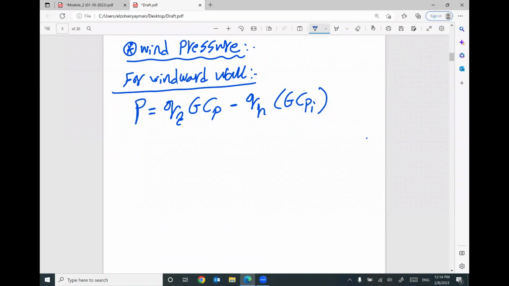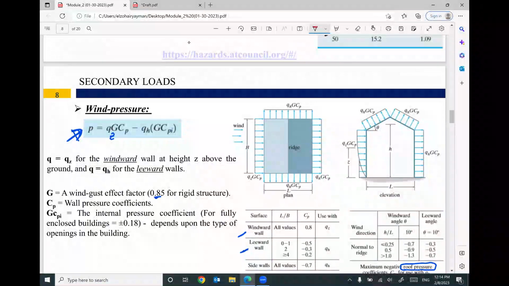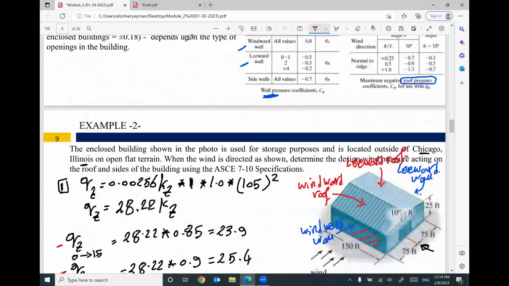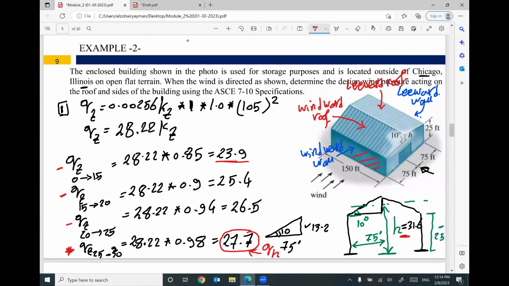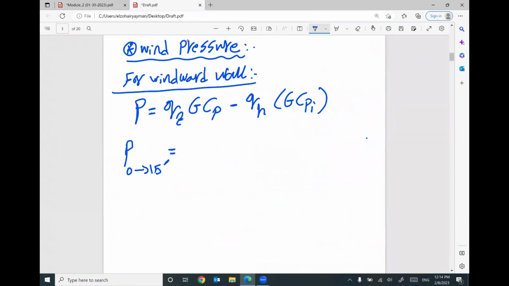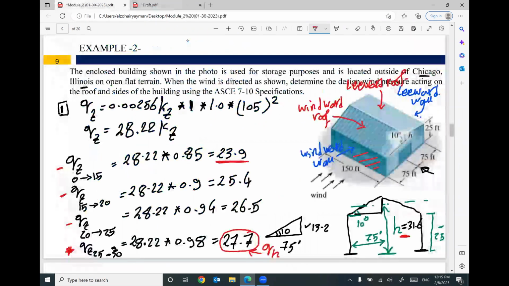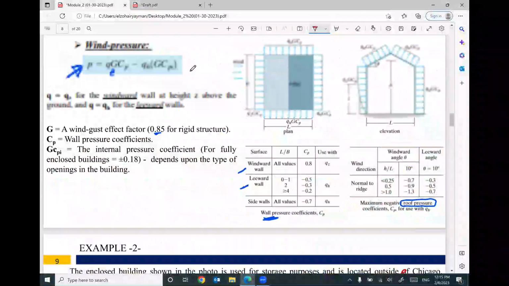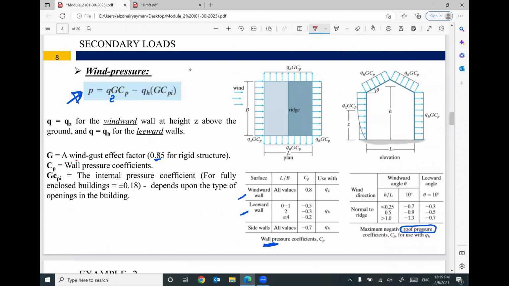So let's start. I'm gonna calculate the pressure from 0 to 15 feet level. The value of QZ at this level, you already calculated it, equals 23.9. That makes sense? The value of G is a constant based on the wind gust effect, 0.85.